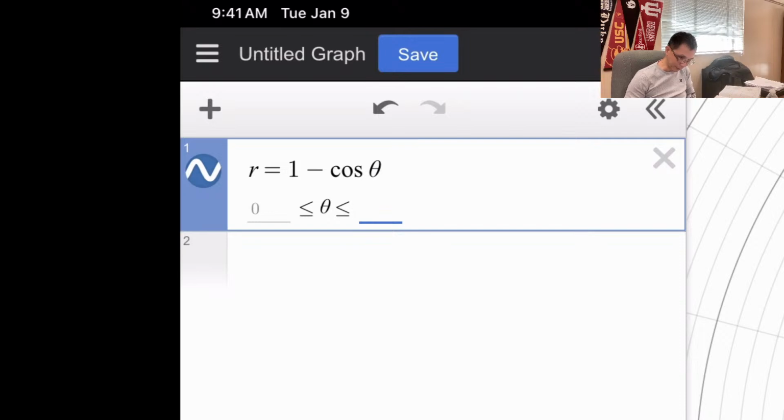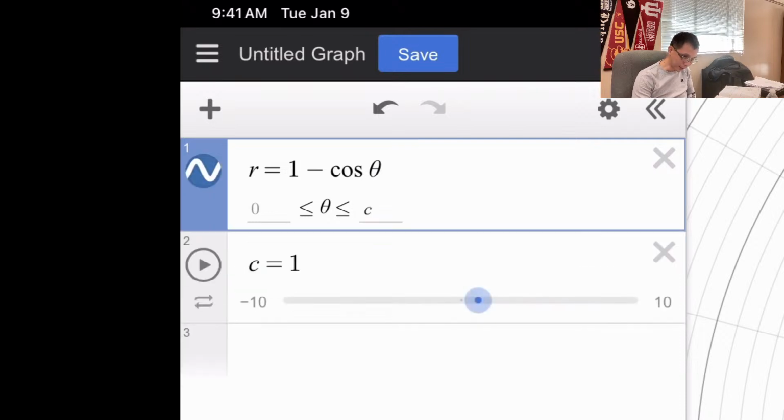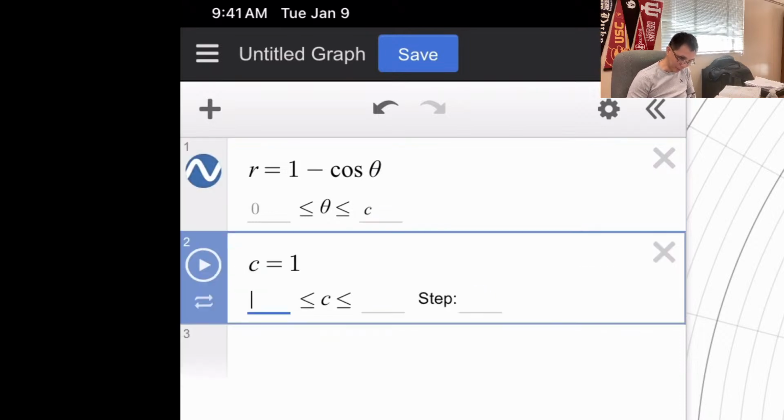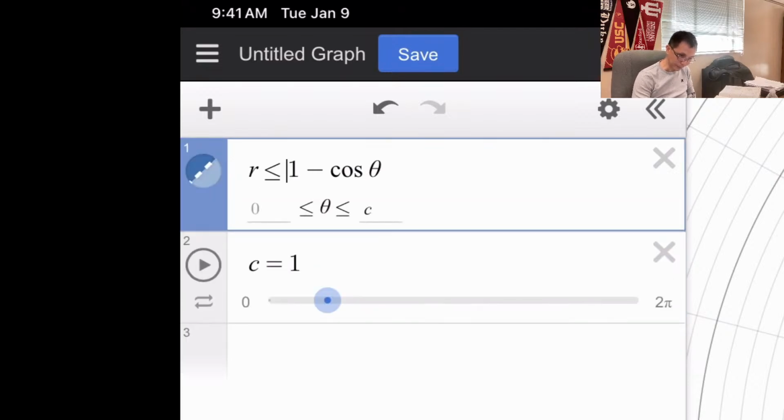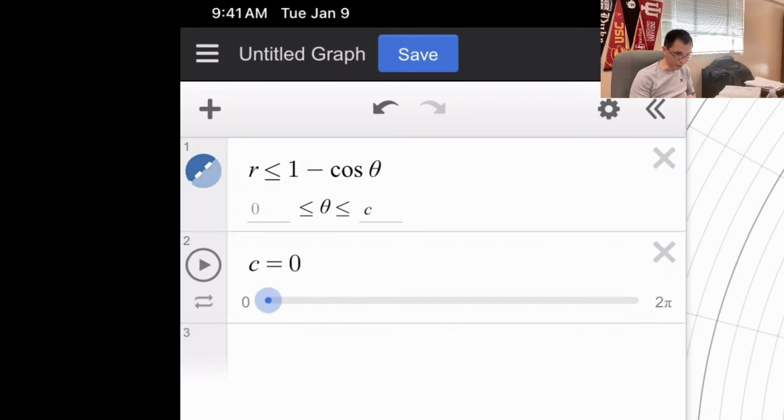Let's check out how they graph. Add a slider C between 0 and 2 pi. This is how I did it. Now, you need to learn how to do different things on the calculator; that's a part you're going to have to do yourself. We're going to say less than. Why do we have to do less than? Because it can shade the inside, so you can see how things form.